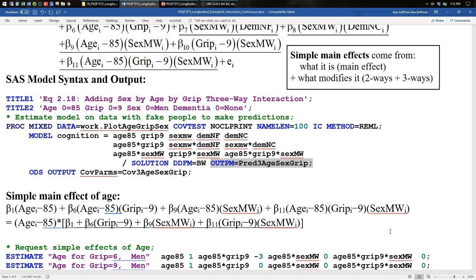This makes me a copy of my data set with new columns for predicted outcomes from the model fixed effects for every single case in my data set, including my fake people. So it's an easy way to create predicted outcomes for making pictures.